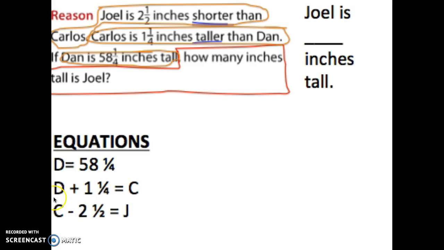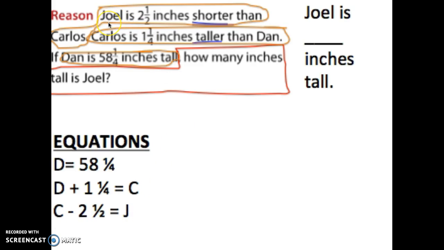The next equation is D plus 1 1/4 equals C. I got this information from my second important information that I circled. Carlos is 1 1/4 inches taller than Dan. So this lets me know that Carlos's height is going to be more than Dan's, which tells me that I'm going to be adding. The third equation is C minus 2 1/2 equals J.